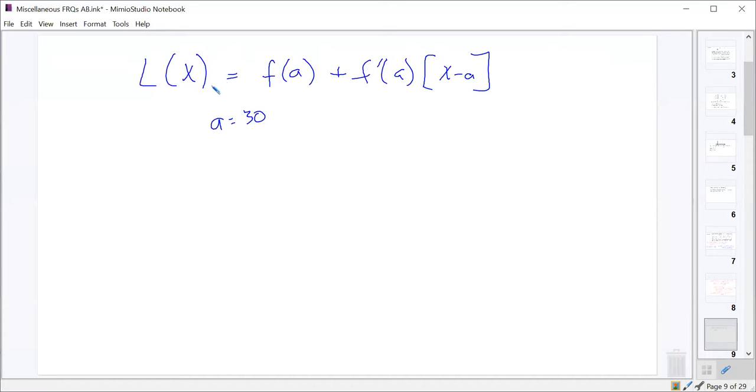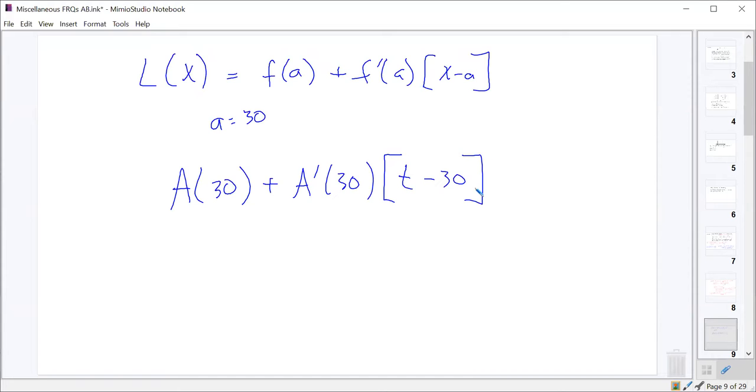So instead of f of a, we're going to have capital A at a, and instead of x, we're going to have t. So we should have capital A of 30 plus A prime of 30 times t minus 30. And what do we want that to equal?